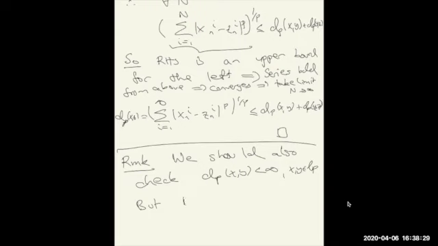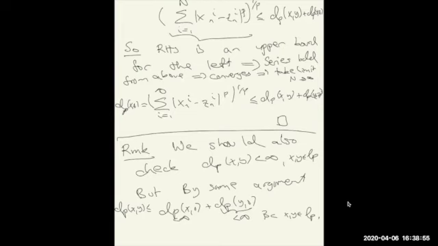But by the same argument, we get that d_p of xy can be bounded from above by d_p of x0 plus d_p of y0, and these are finite because x and y are in l^p. Okay.